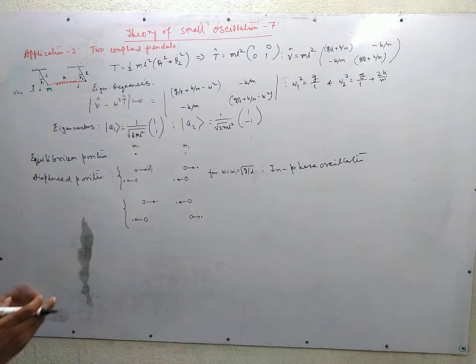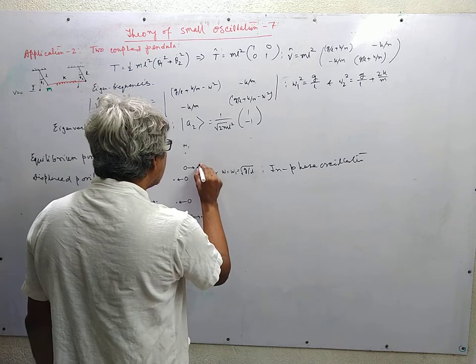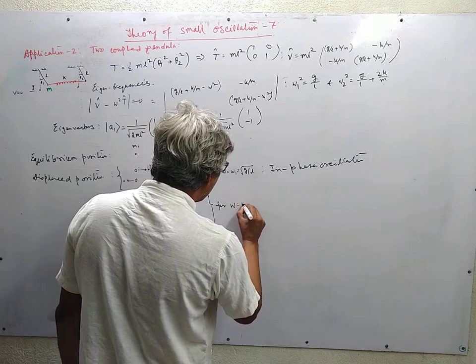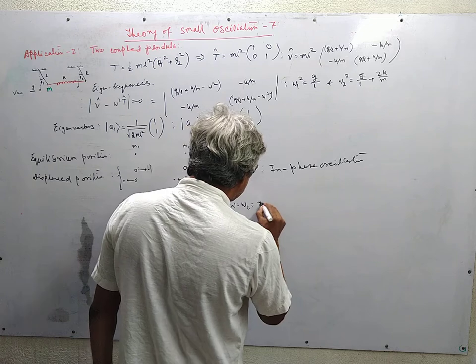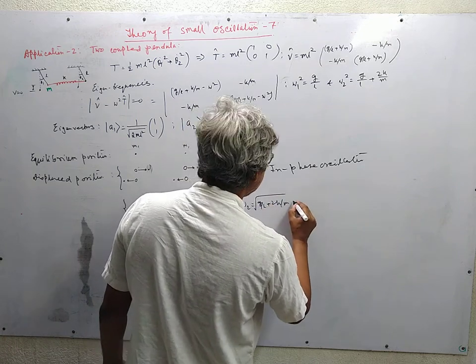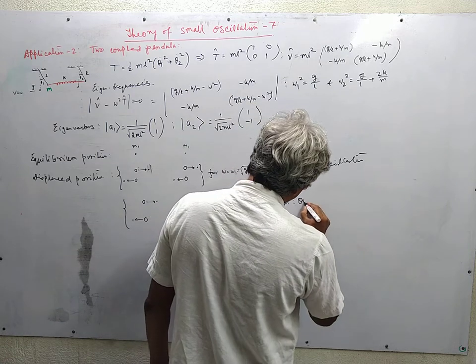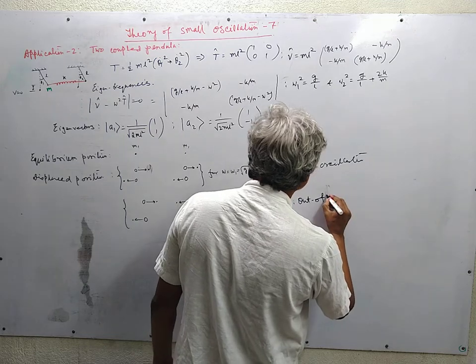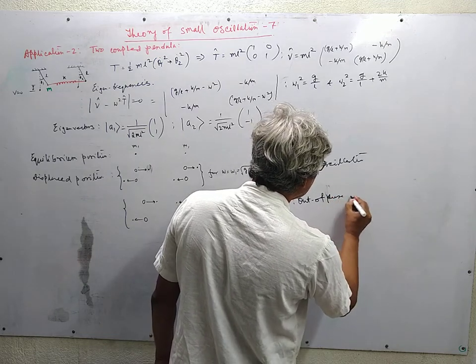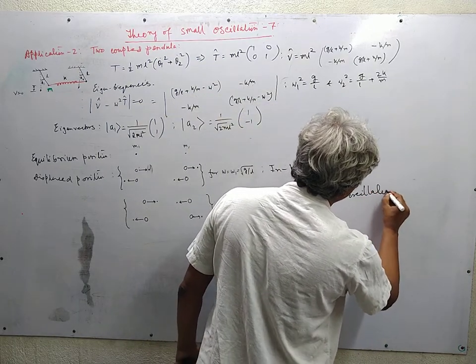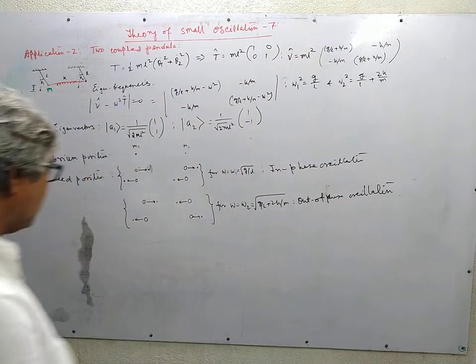So they are 180 degrees away. This is for omega equal to omega 2 equal to G/L + 2K/M. This represents out of phase oscillation.